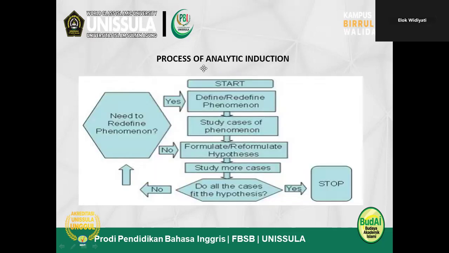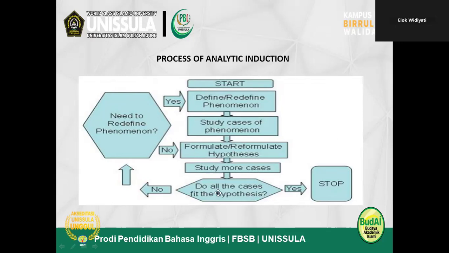The process of analytic induction you may see here. From the left side, need to redefine the phenomenon? If the answer is yes, you go to the start, define or redefine the phenomenon, and then do case studies of the phenomenon. But if the answer is no, directly go forward to formulating or reformulating the hypothesis, followed by studying more cases.